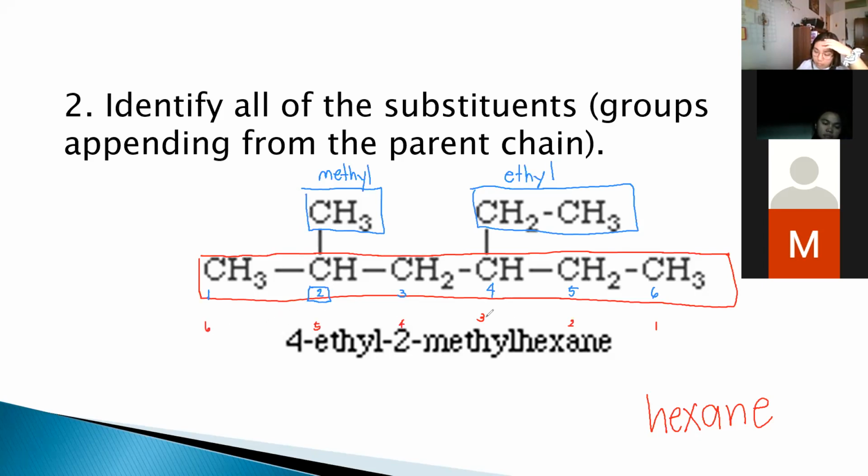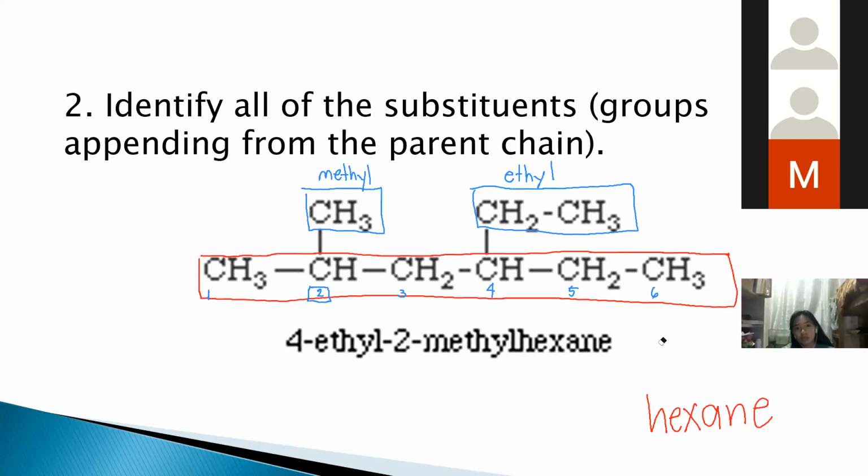Where is the first substituent? On carbon number 3. So, mas maliit itong naka-blue. So, i-erase na natin yung isa, kasi the blue one will be the correct assignment. Okay, that's how you know the correct assignment of the numbers for the carbons. Ayan. So, tapos na tayo with the assignment of the numbers.